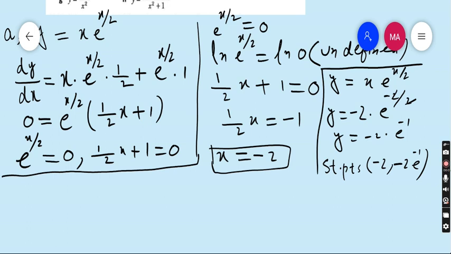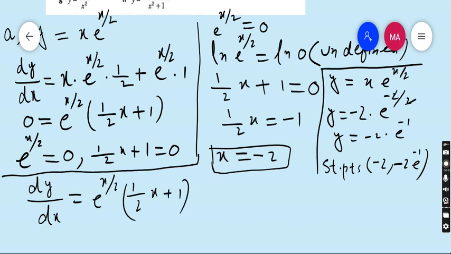Our first derivative is dy by dx equals e power x upon 2 times (1 upon 2 x plus 1). So our second derivative is d square y by dx square equals, we have to use product rule again because still two functions are multiplied. u is e power x upon 2 and v is 1 upon 2 x plus 1.